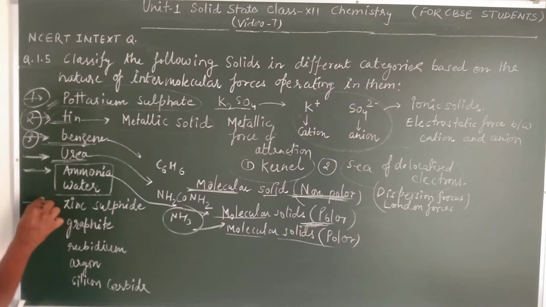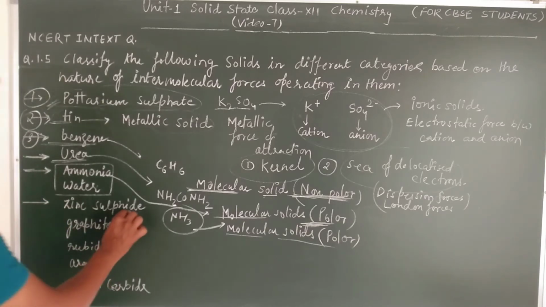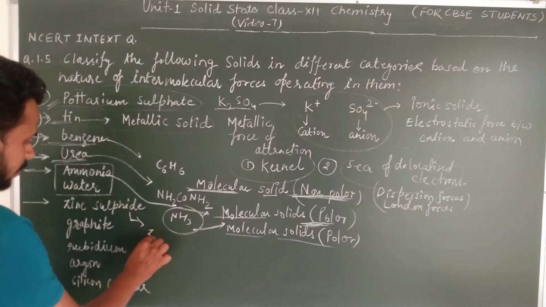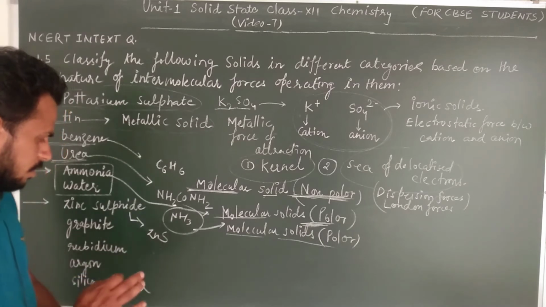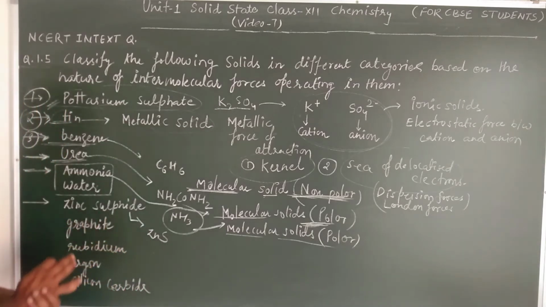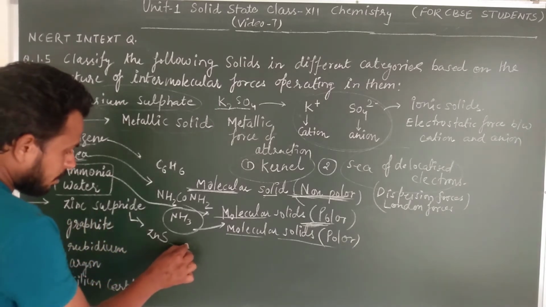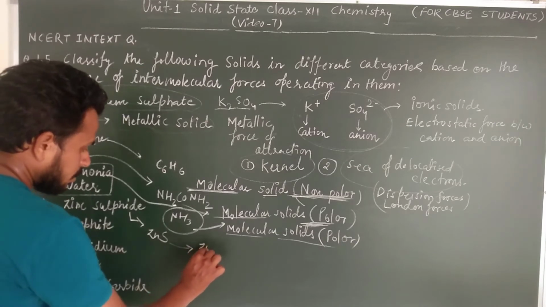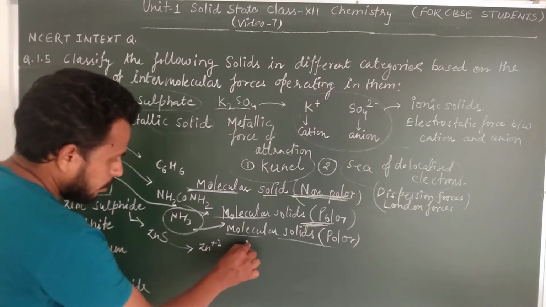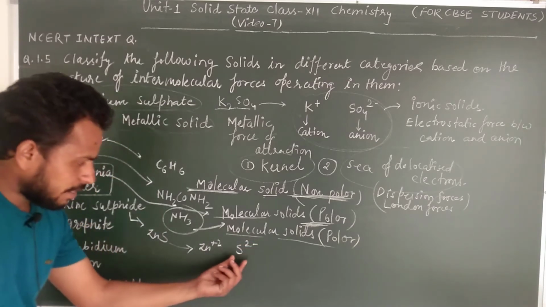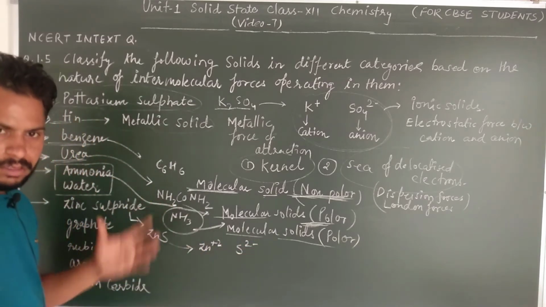If we talk about zinc sulfide, the formula is ZnS. So if we observe this formula, we get Zn2+ and S2 minus. So this is the anion and this is the cation.